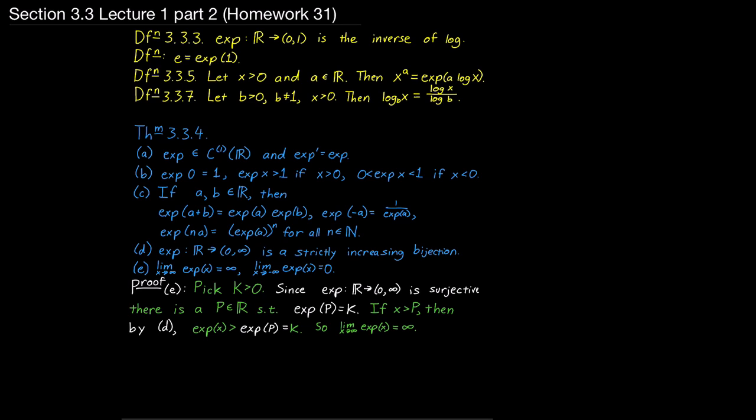And we can do exactly the same thing for the other limit. We pick a positive number epsilon, and then there is a real number r with exp of r equaling epsilon. This is again because exp is surjective.